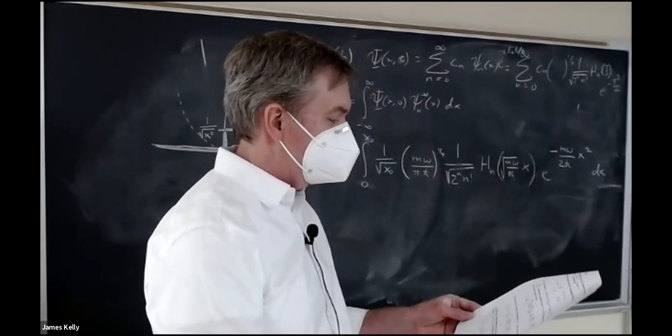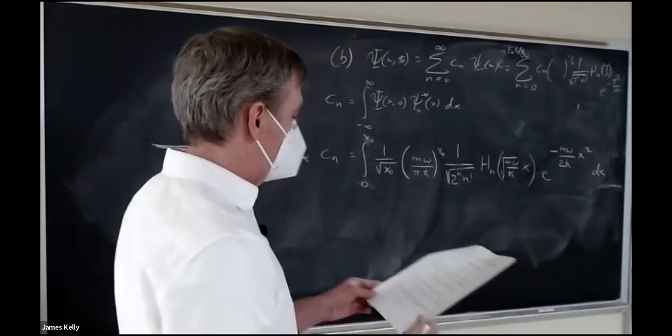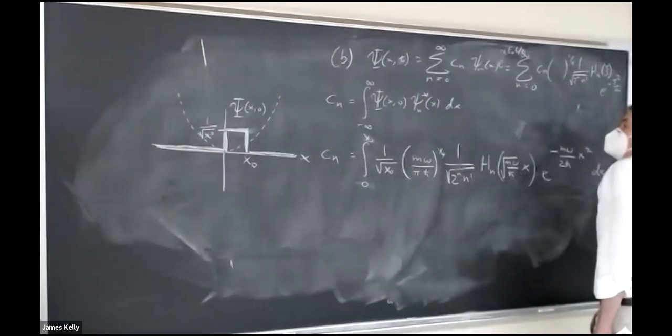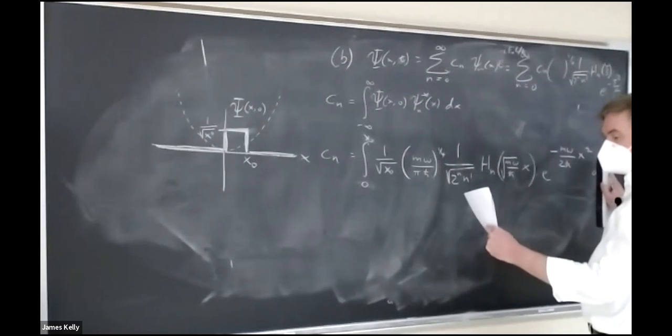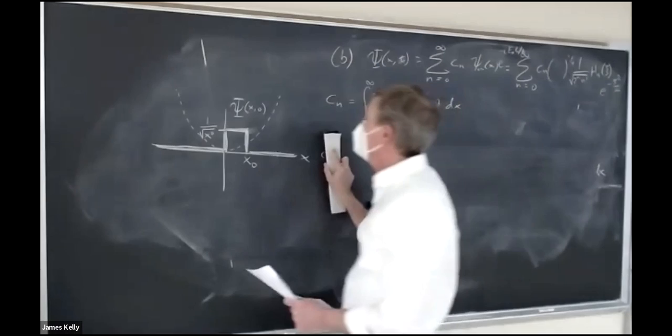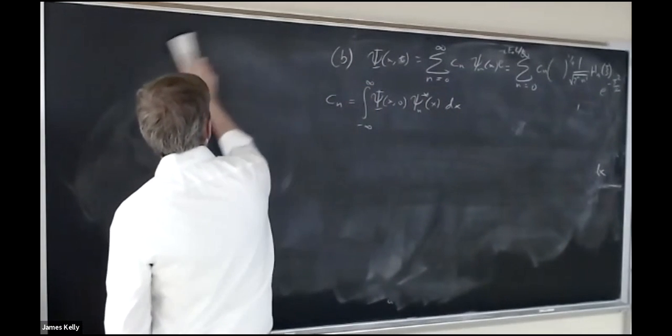Finally, write down a series expression for the expectation value of the total energy. And we have two choices here, and we're allowed to use Cn's. I'm going to erase my Cn's, but we have a kind of messy formula for Cn.